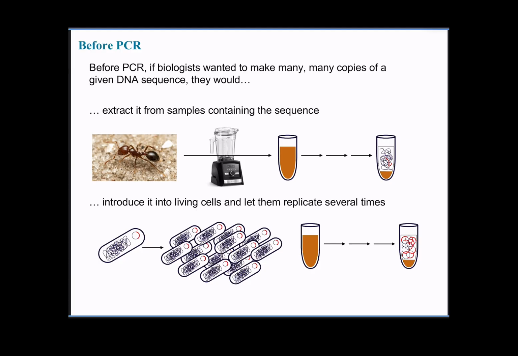So the approach became something like you would introduce your DNA of interest, which is depicted as that red line, into a bacterium, let the bacterium do what they do best, which is replicate many times, and then extract those DNA sequences from them. So those were the approaches before PCR.